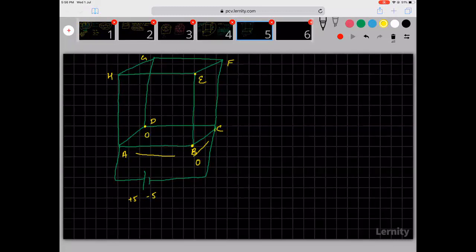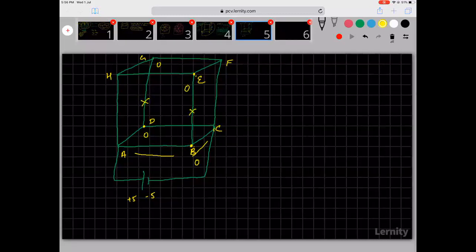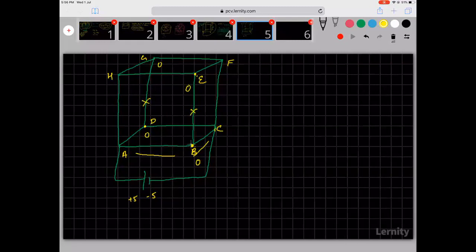So this will also be 0 and this will also be 0. So now here, not only are these 2 points and these 2 points at the same potential, because they are at the same potential, I can remove this, I can remove this. Not only can I remove this, if I want, I can add this, I can add this if I want.